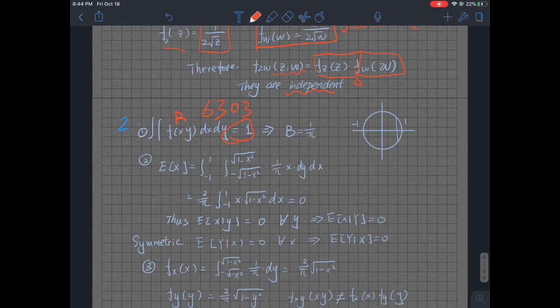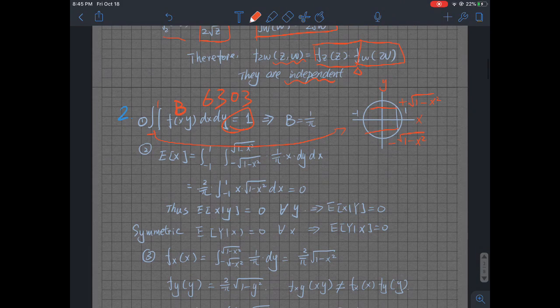f(x,y) is just a constant, but x can run from -1 to 1, from this photo here. So this is x, but y can only run from minus square root of 1 minus x squared to plus square root of 1 minus x squared.